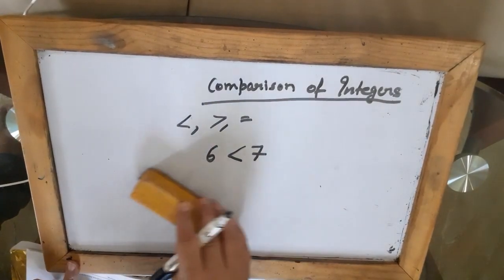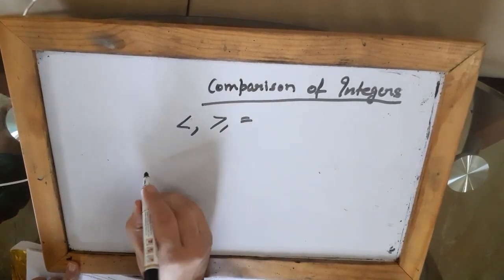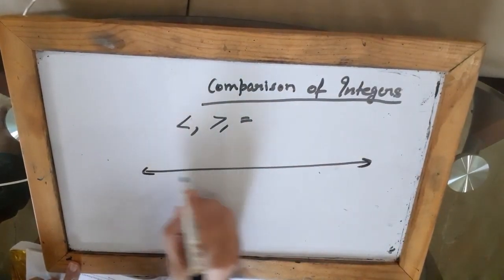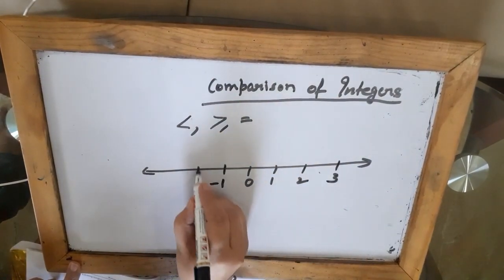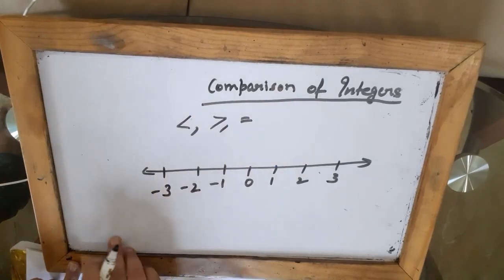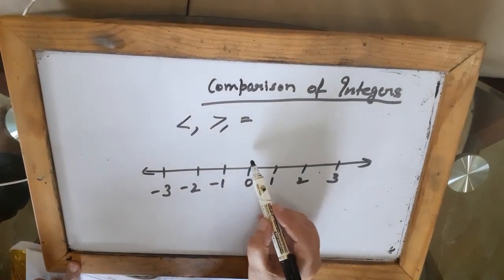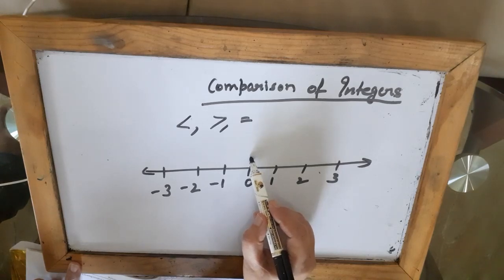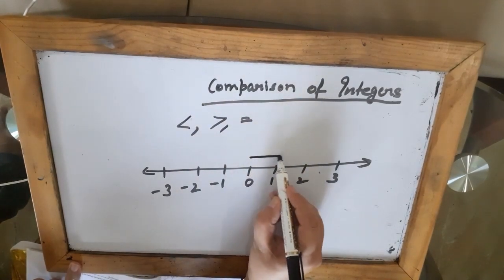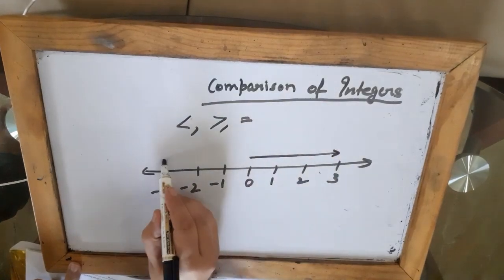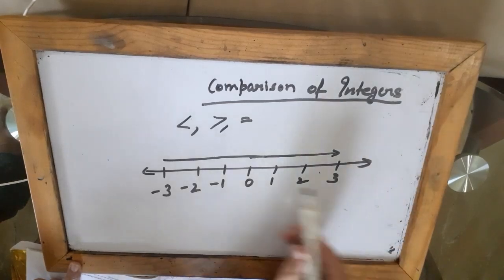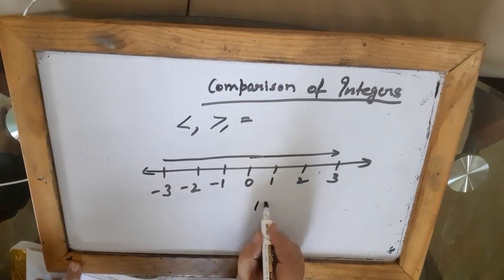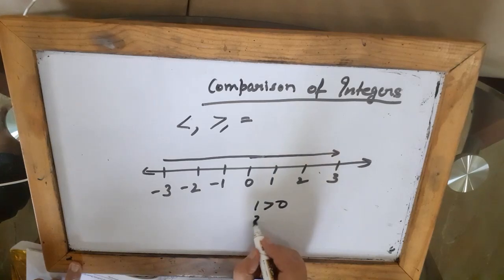So let me show you, come to the number line again. I told you to the right of 0 you have positive numbers, and to the left of 0 you have negative numbers. Now if you start moving to the right side, the numbers become greater and greater. As you can see, 1 is greater than 0. Now 2 is greater than 1. 3 is greater than 2.